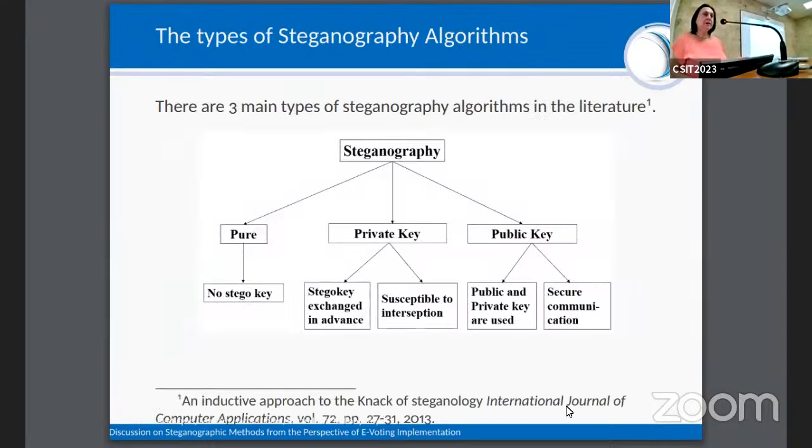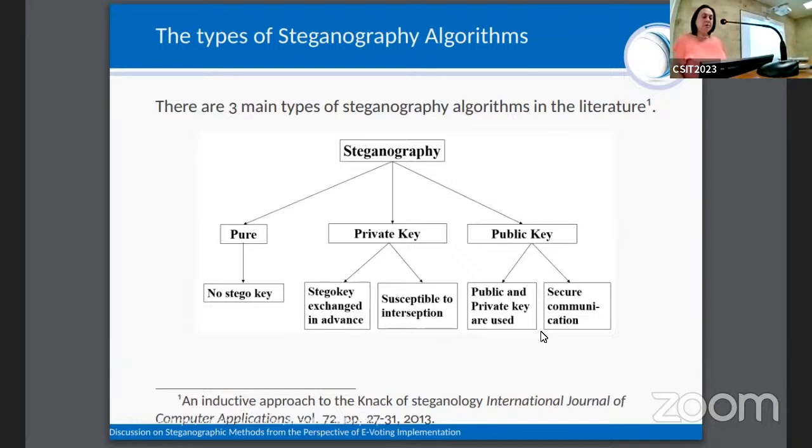What is next? We suggest that we have a theoretical result, but which steganographic method should be used for hiding information? Here we decided to classify all the algorithms to decide which one is useful from the e-voting system point of view.